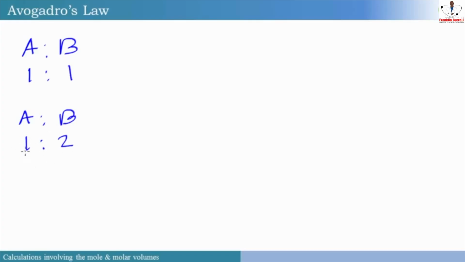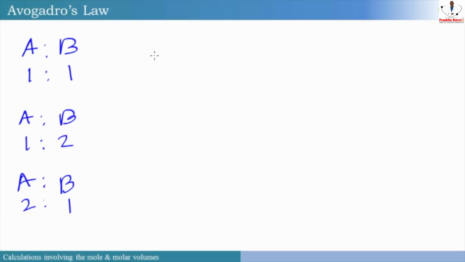If we know the moles of A, then the moles of B is twice the moles of A. Again, A to B, and this time 2:1. If we know the moles of A, then the moles of B is half that value.